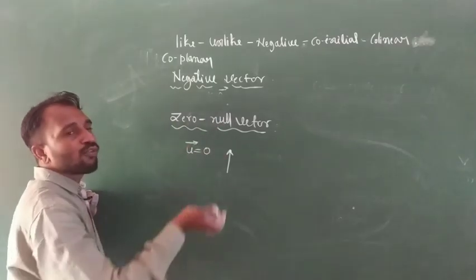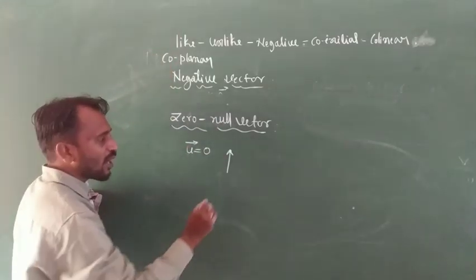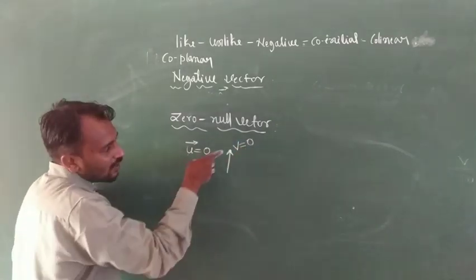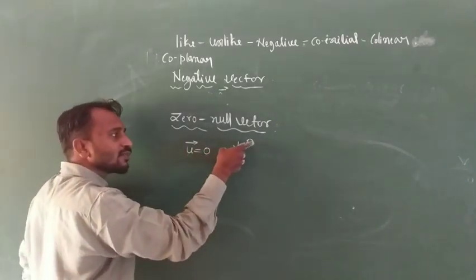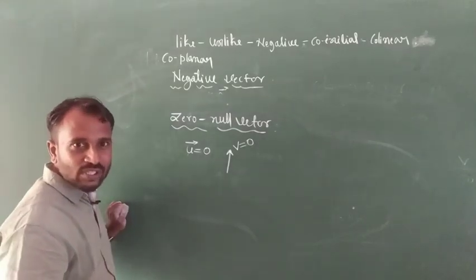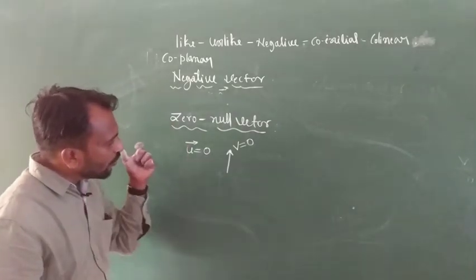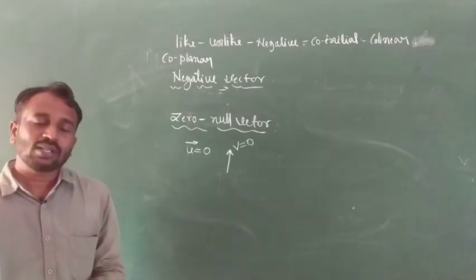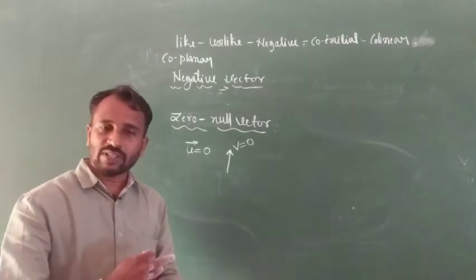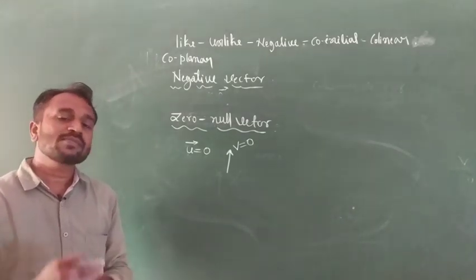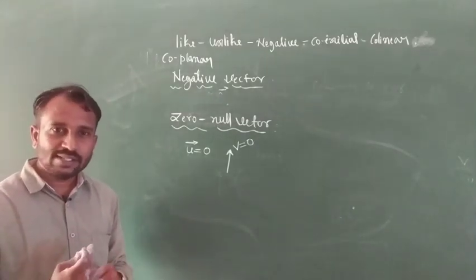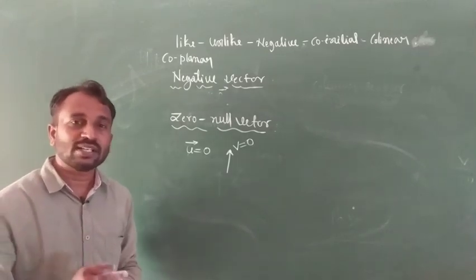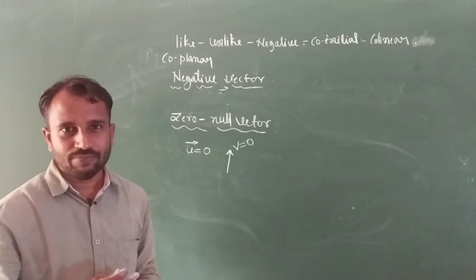Suppose an object is thrown upward; when it reaches maximum height, its final velocity v is equal to 0. Velocity is a vector quantity but its magnitude is 0. These types of vectors we consider null vectors or zero vectors, vectors having 0 magnitude.